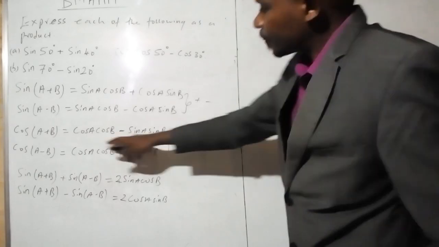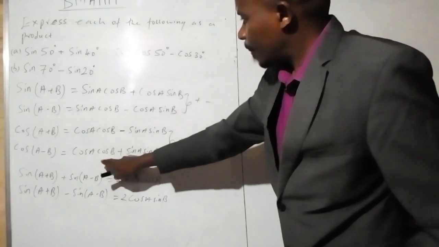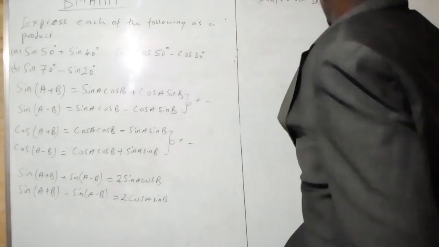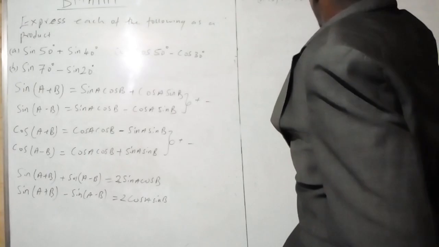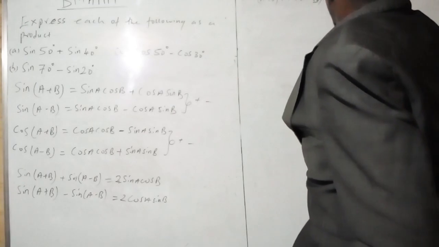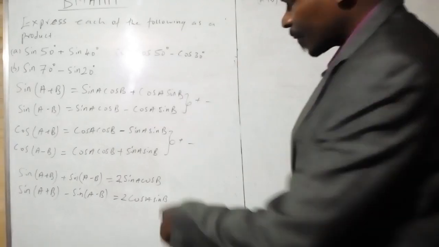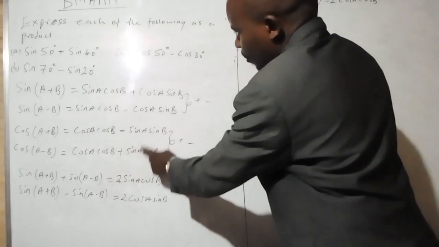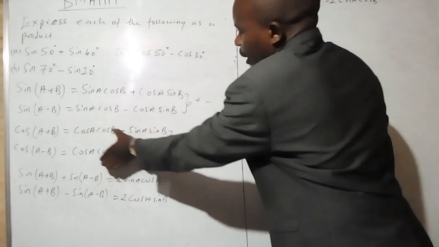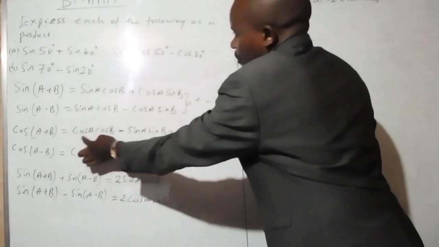Add this to this, and we are going to have 2 cos A cos B. Once you add this to this, the sine terms will be 0. Then we are supposed to have 2 cos A cos B.